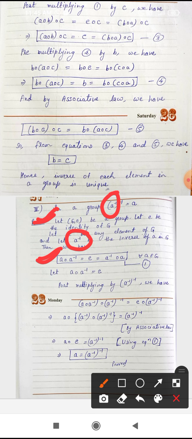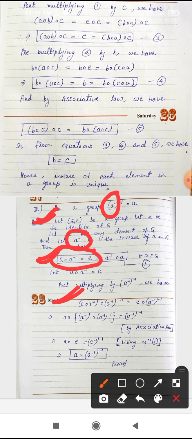Now taking the first equation only, a operation a inverse is equal to e. Now we will post multiply this equation by a inverse whole inverse. We will get a operation a inverse operation a inverse whole inverse is equal to e operation a inverse whole inverse.